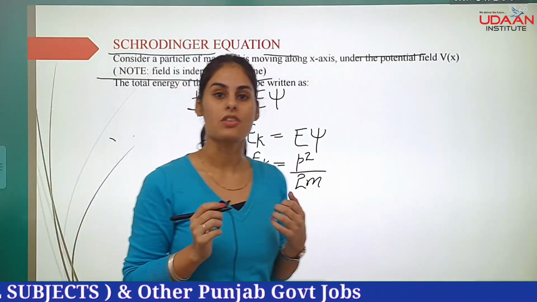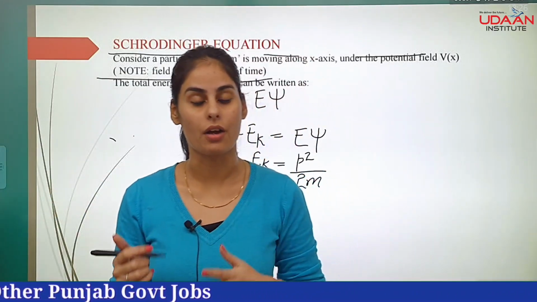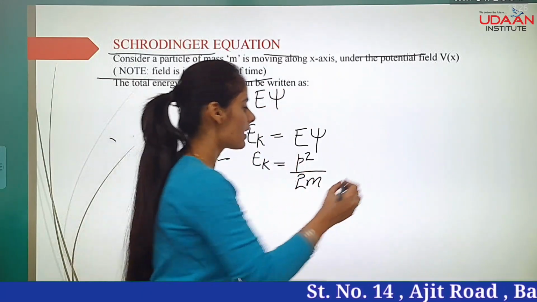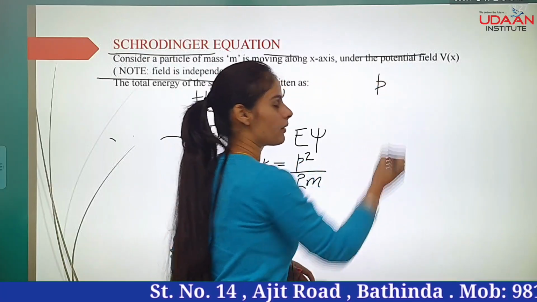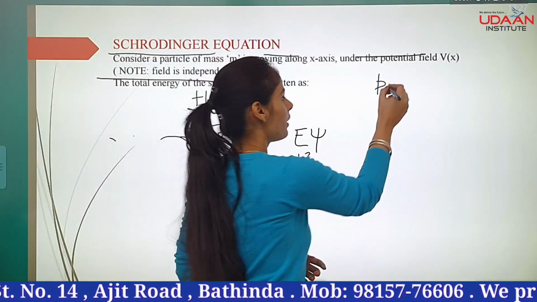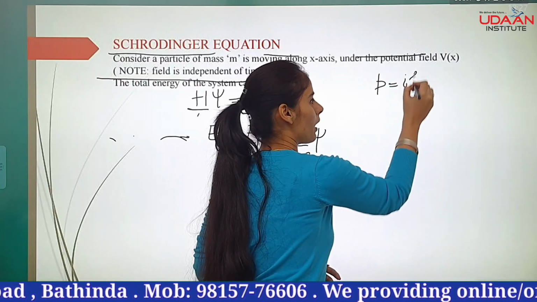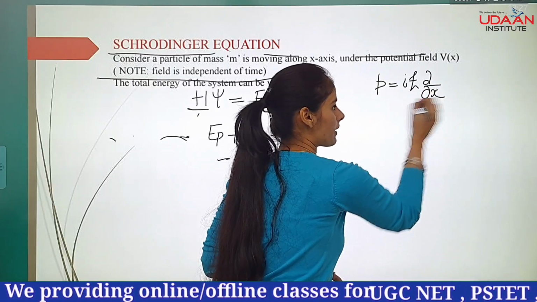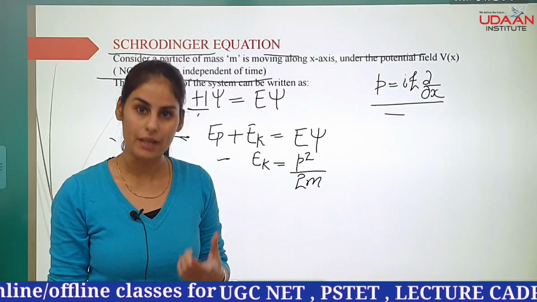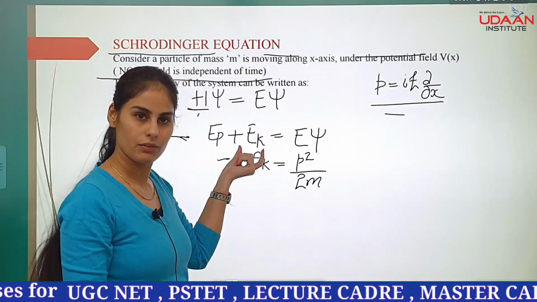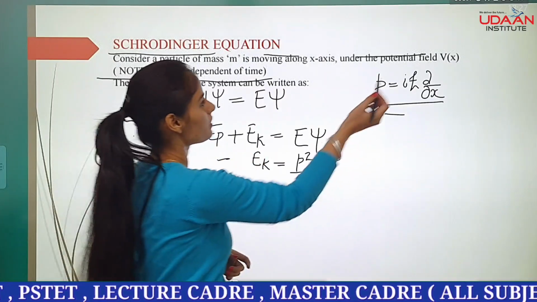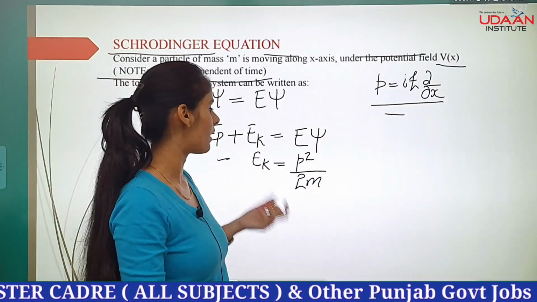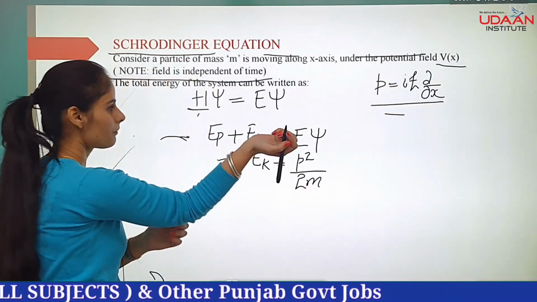In yesterday's lecture, I shared a PDF on operators, and from that we can understand the value of the momentum operator, where P is equal to iota h bar del by del x. We are going to replace this value for kinetic energy, and the potential energy, which is V(x), is already given. So we are going to put both these values in this particular equation.